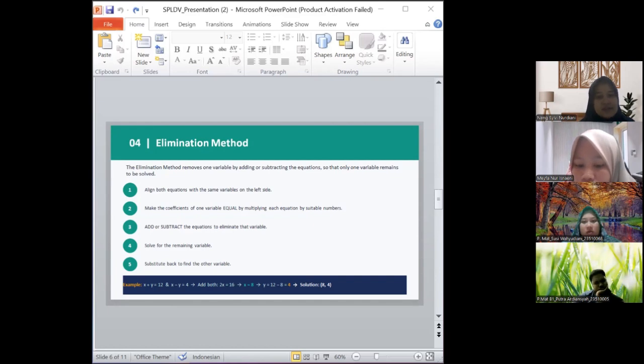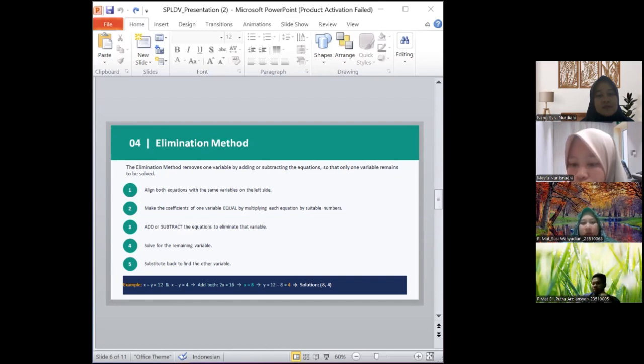Okay, great. Let's go through each method one by one. Method 1 is the elimination method. In the elimination method, we eliminate one variable from the system. The key idea is that if we make the coefficients of one variable the same in both equations, we can add or subtract the equations to remove the variable.